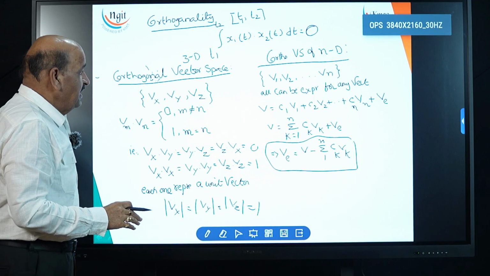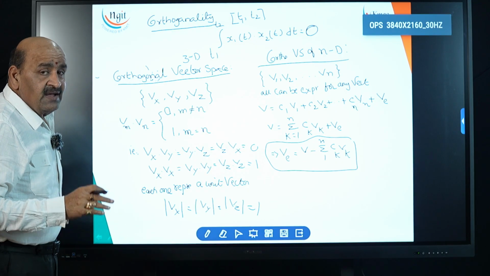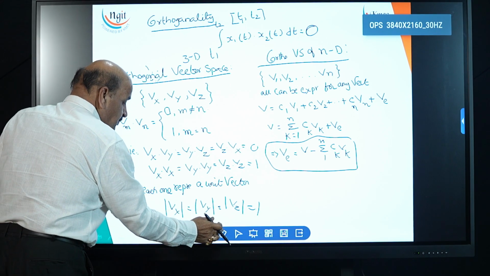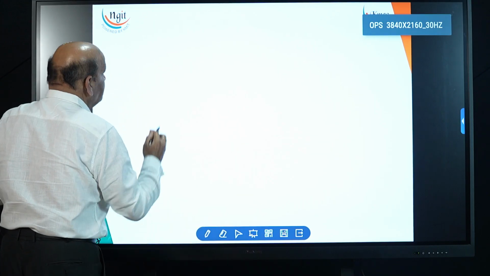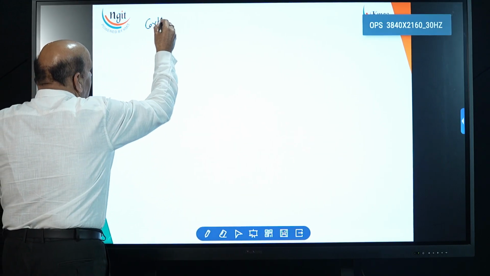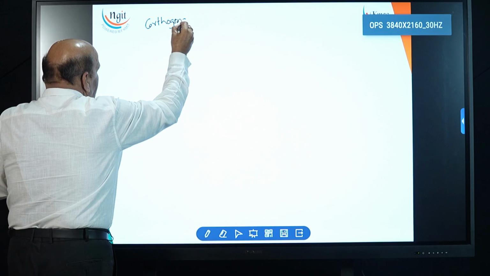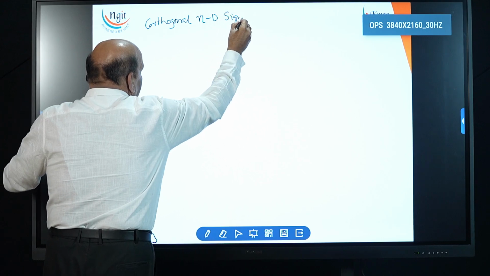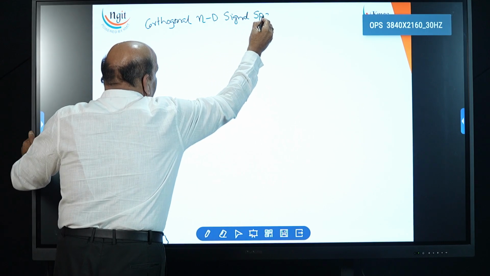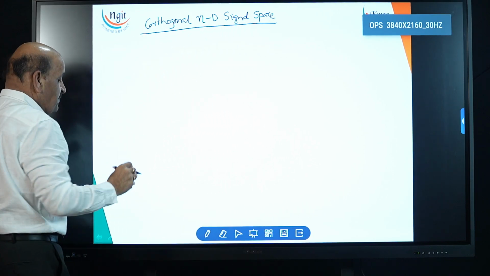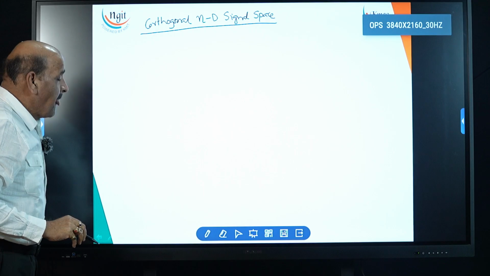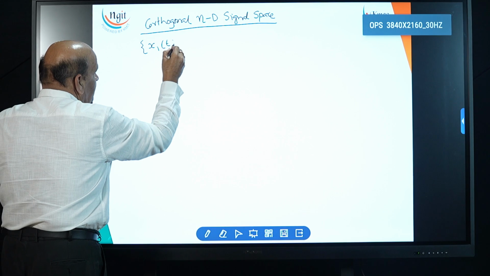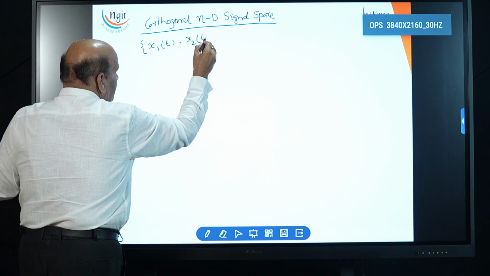Now in the same way, we are going to discuss the orthogonal n-dimensional signal set or signal space. Let us consider three independent signals, that is x1 of t, x2 of t and x3 of t.